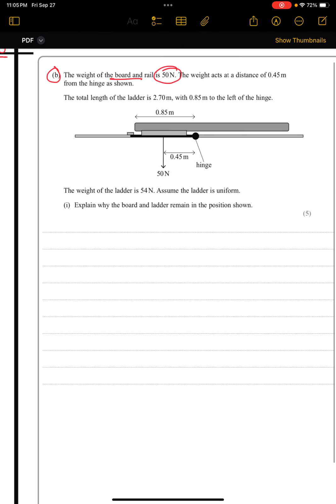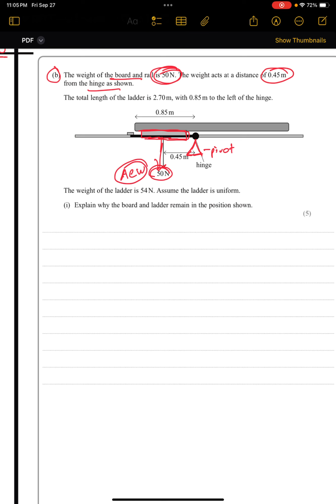So the weight of the board and rail is 50 Newton, the force acting from these two positions, at a distance of 0.4 meter from the hinge. This hinge is our pivot point, so this force is acting from the pivot. So this is our anti-clockwise moment.